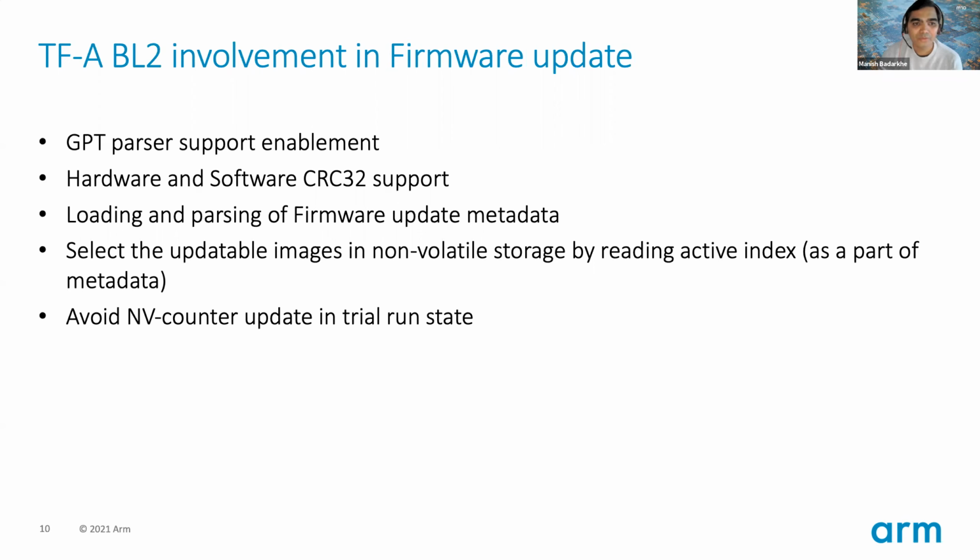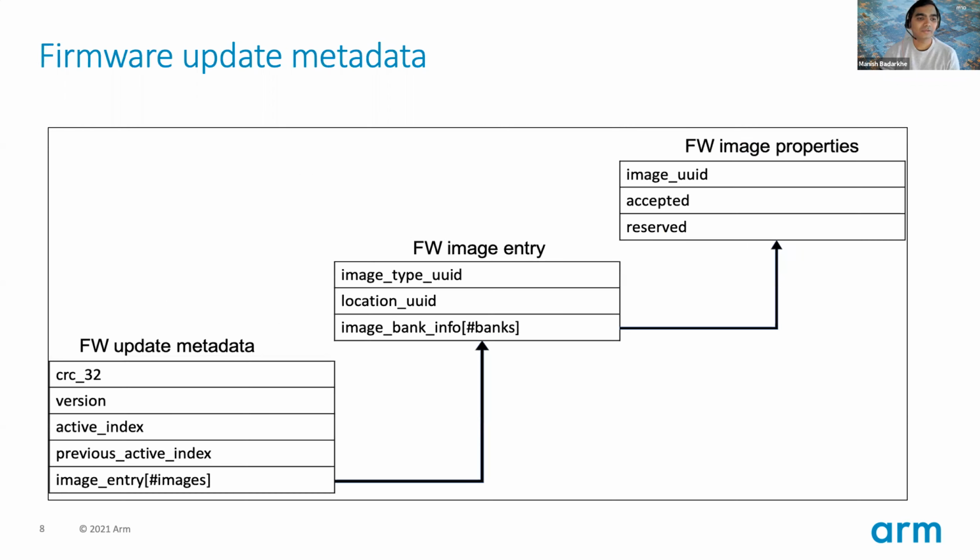And we have loading and parsing of the firmware update metadata. Again using the GPT parsing, we load the firmware metadata into some particular area in the RAM, and then all these fields can be used in order to grab the images from the flash.